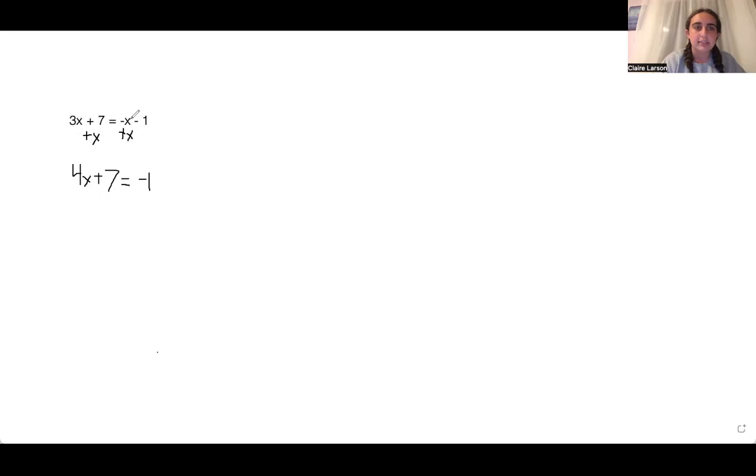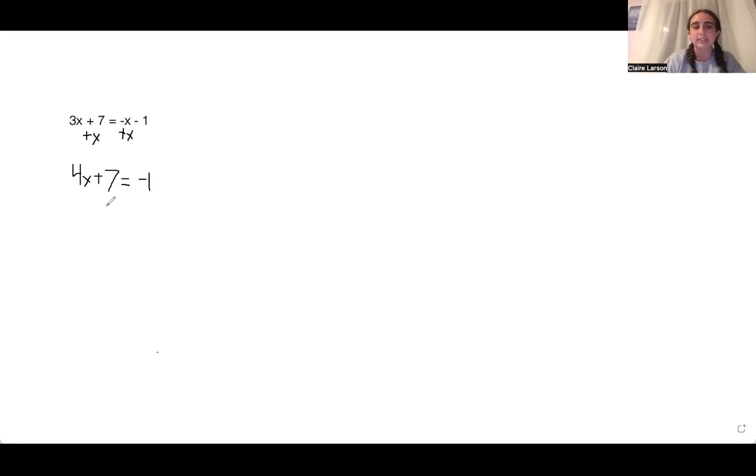And we neutralize this because when you have negative x plus x, that equals 0. So this side is basically 0 minus 1, which equals -1. And now this side is 4x plus 7 because we added x to 3x.